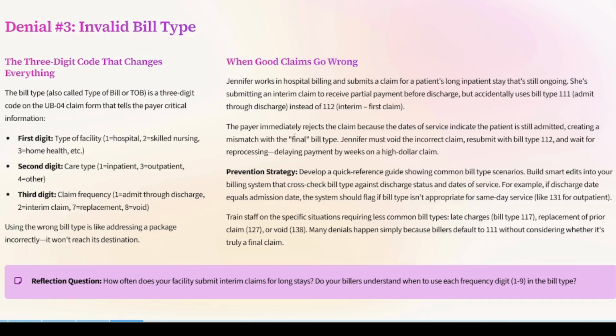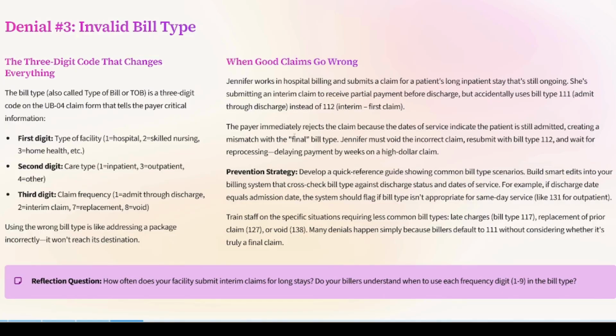All right. So the first digit is the type of facility. One is hospital, two is skilled nursing, and three is home health. The second digit is the care: one is inpatient, three is outpatient, and four is other.